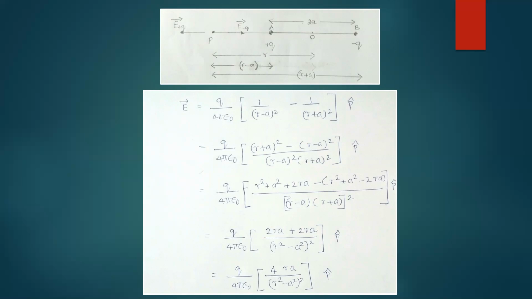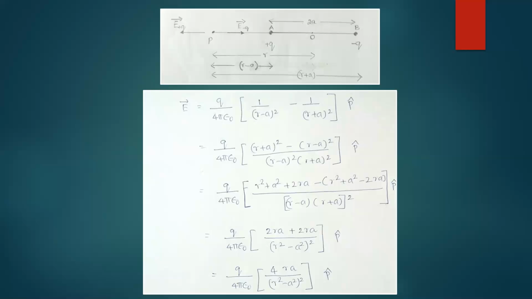We are taking the (A plus B) whole square formula from algebra. Therefore, (R plus A) whole square is equal to R square plus A square plus 2RA, minus, within the bracket, we are using (A minus B) whole square, that is R square plus A square minus 2RA, divided by (R minus A) into (R plus A).